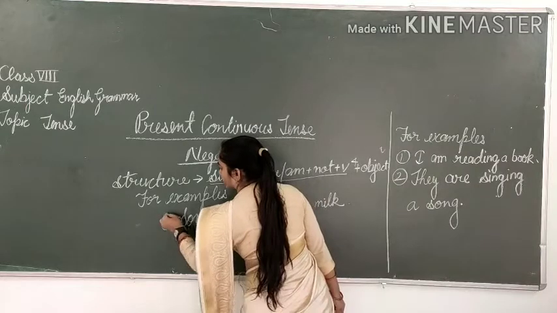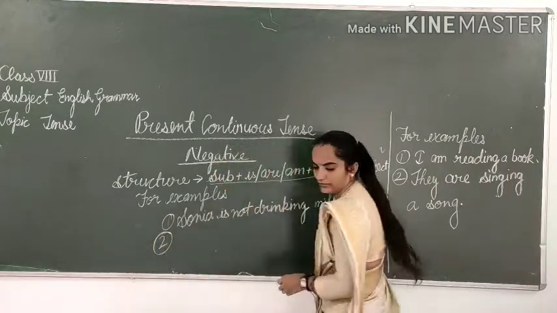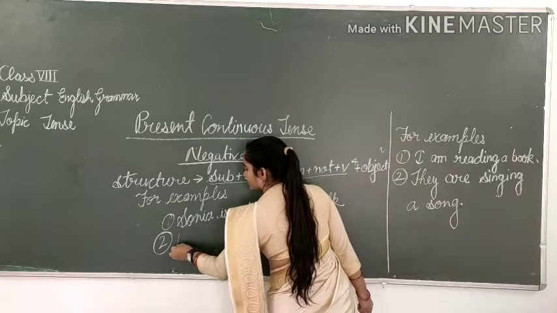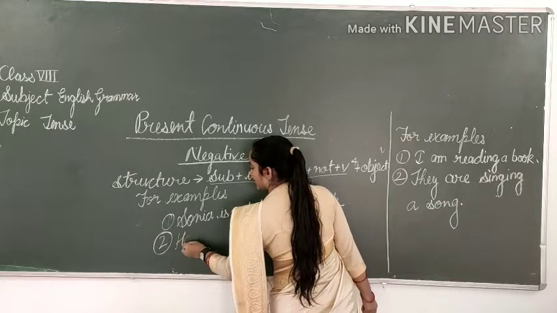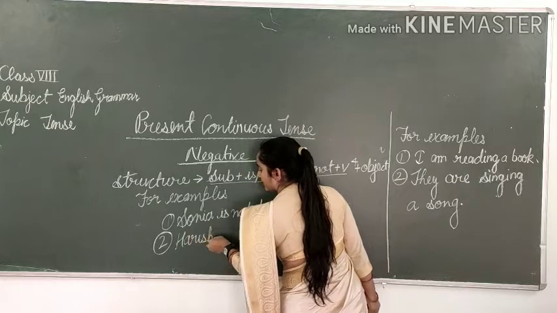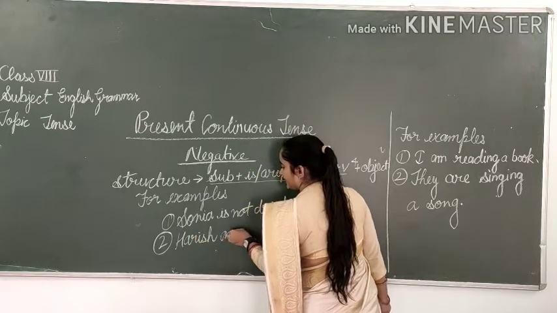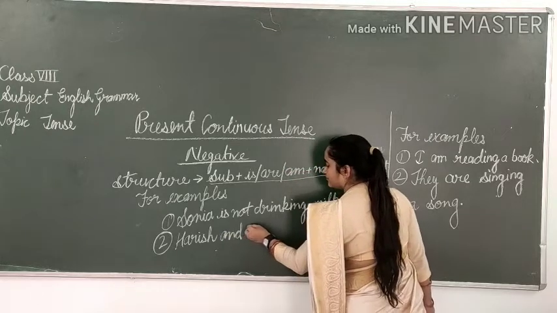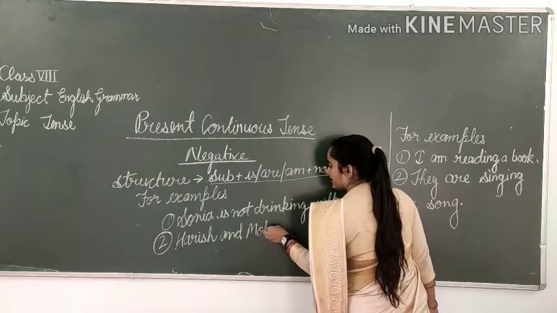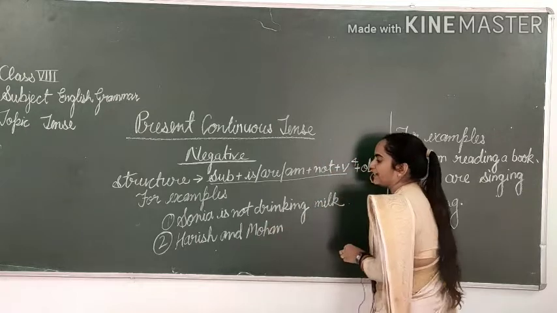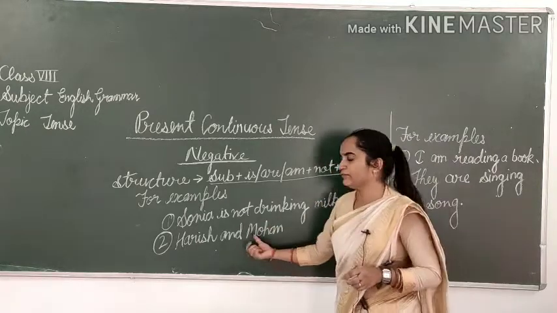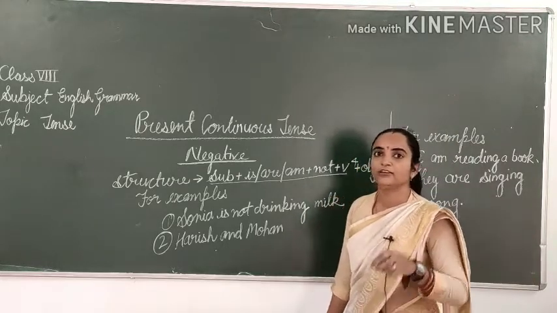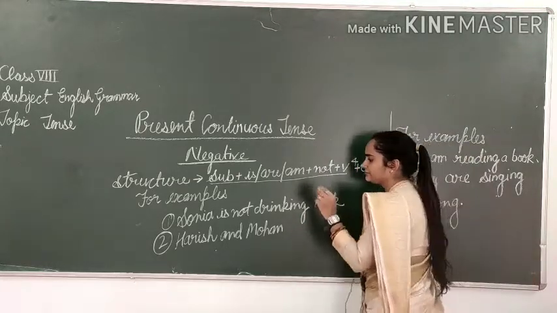Sonia is not drinking milk. Now example number 2 from plural. Harish and Mohan. H will be capital in Harish and M will be capital in Mohan, because these are the examples of proper noun.